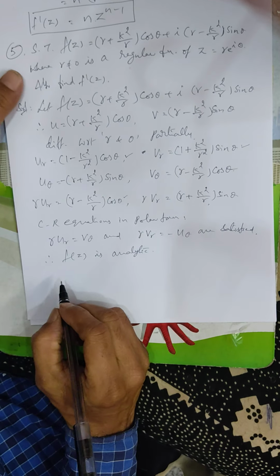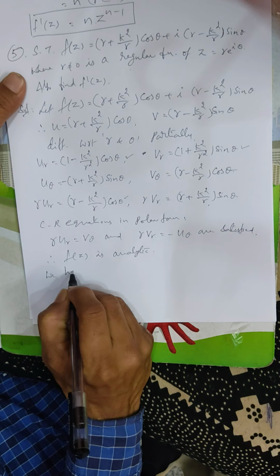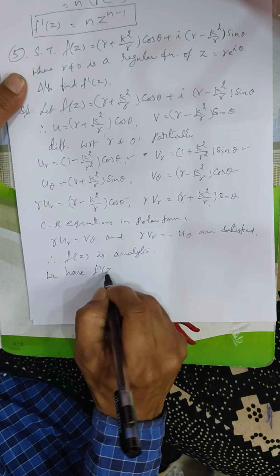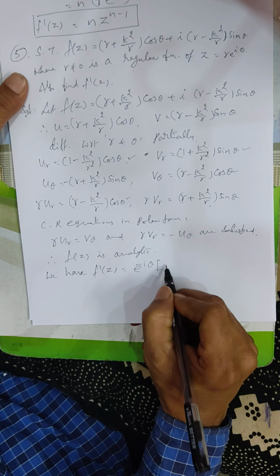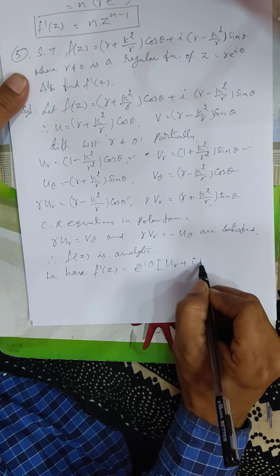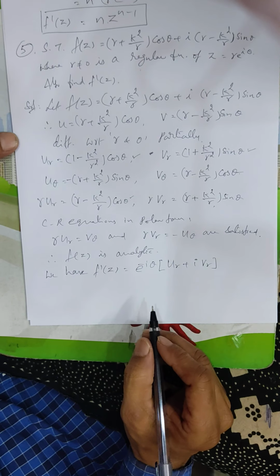To find f dash of z, we have f dash of z is equal to e power minus I theta into dou u by dou r plus I dou v by dou r.